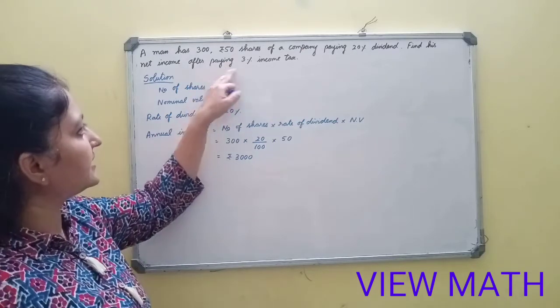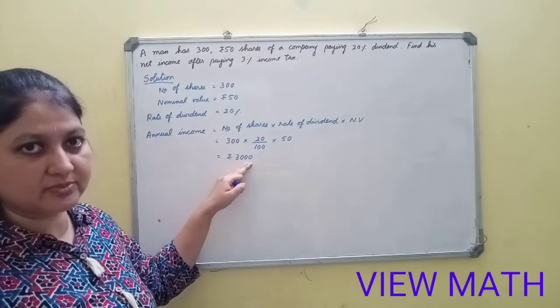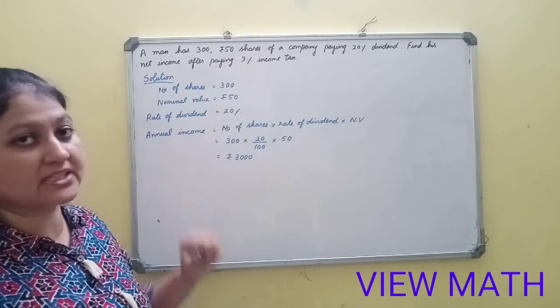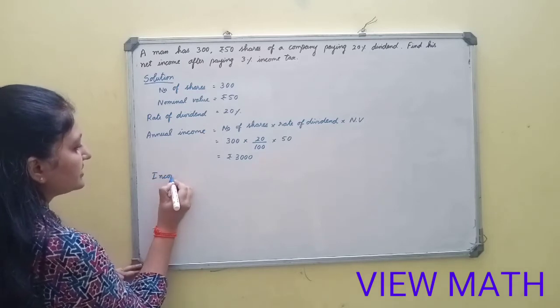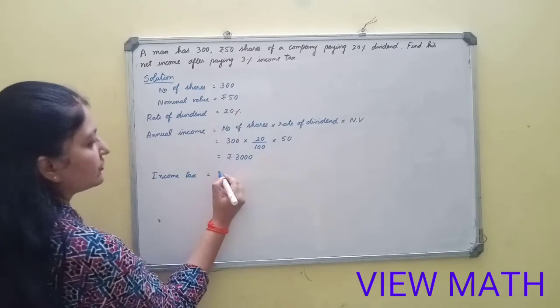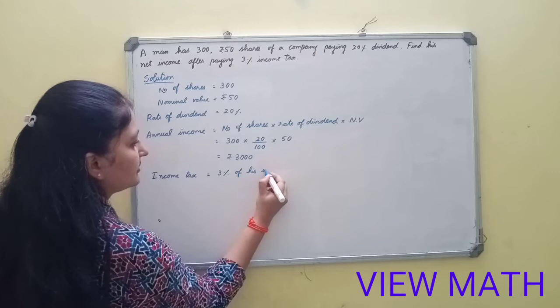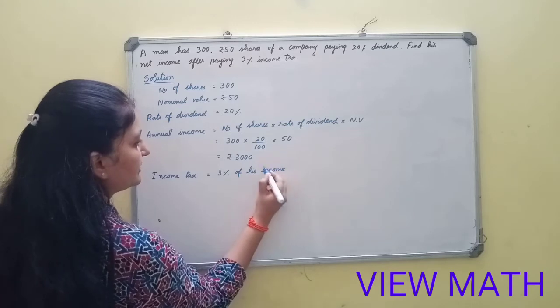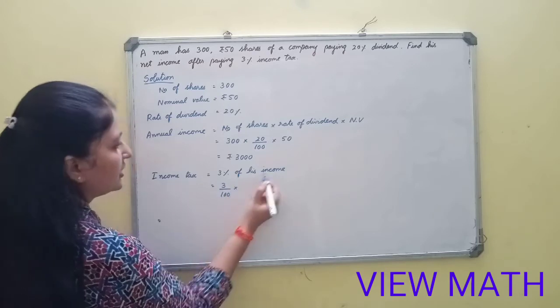So he is paying 3% income tax. So he is getting annual income 3000. In this he is paying 3% income tax. So income tax is 3% of his income. It is 3 by 100 into of his income.